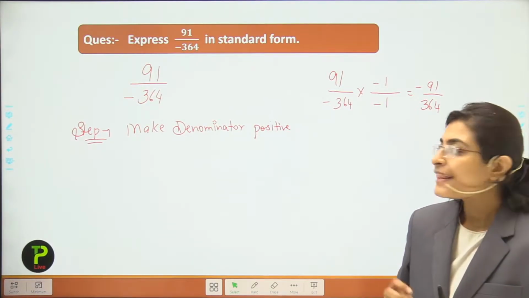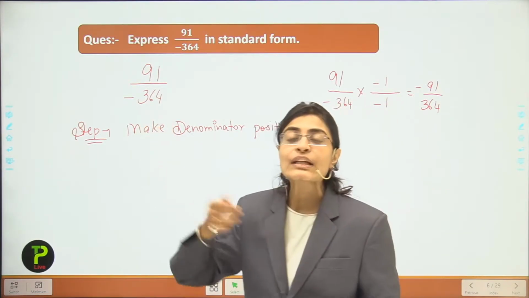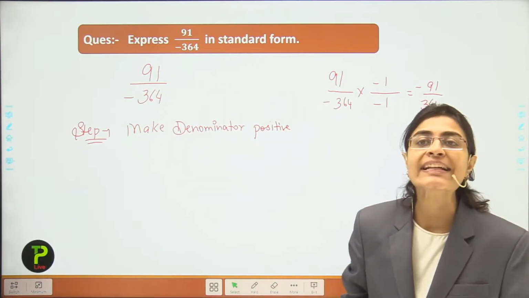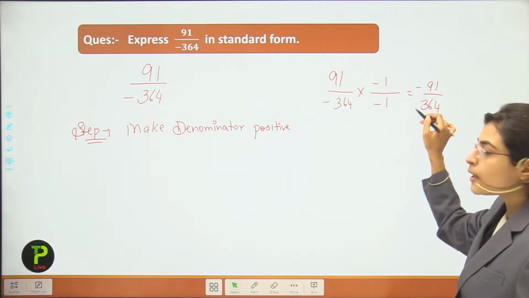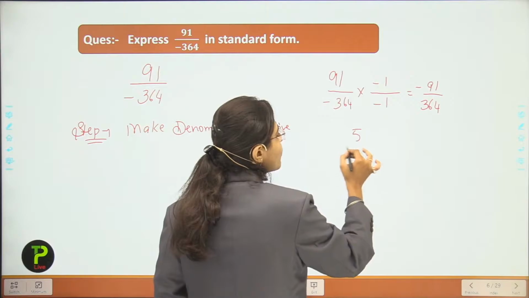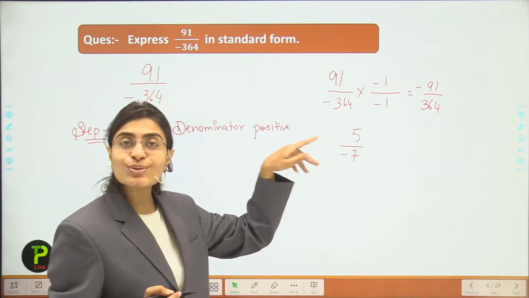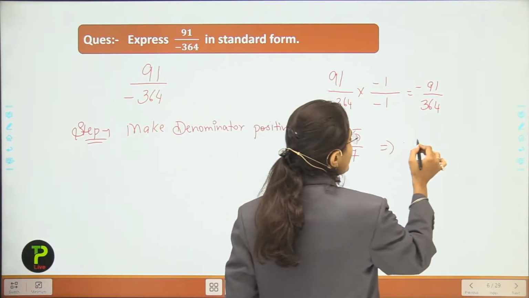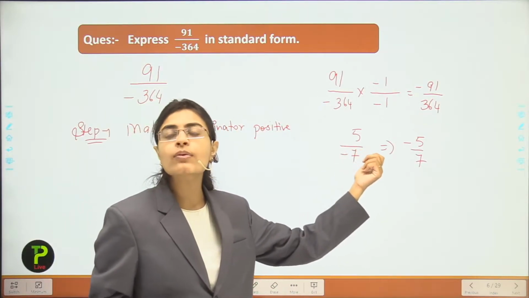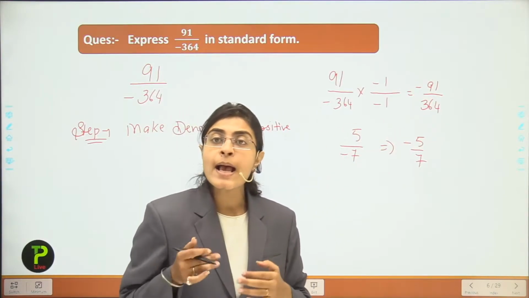Alright. So now I got my trick, that is how we'll do it. If I want to make the denominator positive, I'll take this minus sign to the numerator directly. I'll just know how it comes, so I do it directly. So here, if I want to make the denominator positive over here, minus 7, I'll take this minus to the numerator and write it as minus 5 by 7, because simply we multiply by minus 1 on minus 1, and this 5 will get negative and minus 7 will get positive.